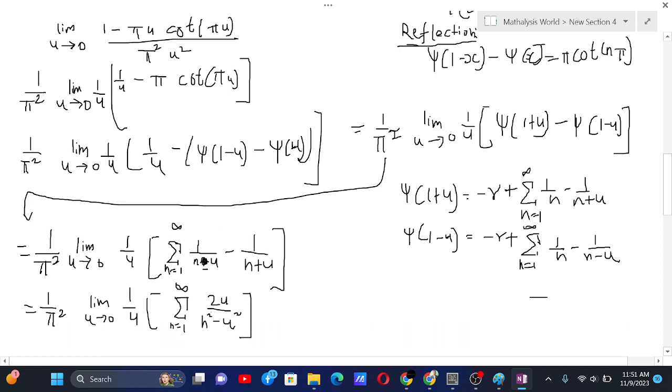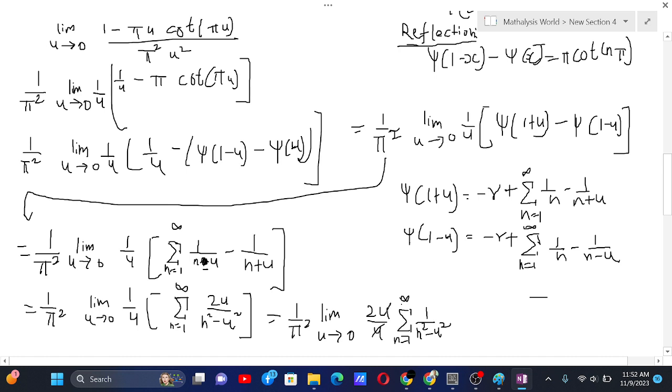And then this sum is for n, we can take 2u out as constant, which gives us 1 by pi square, limit u tends to 0, 2u by u, and summation of n equals 1 to infinity 1 by n square minus u square.